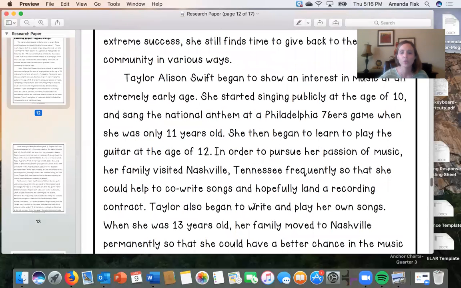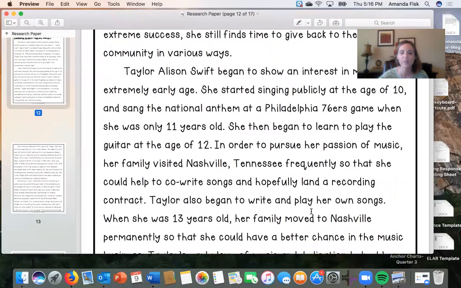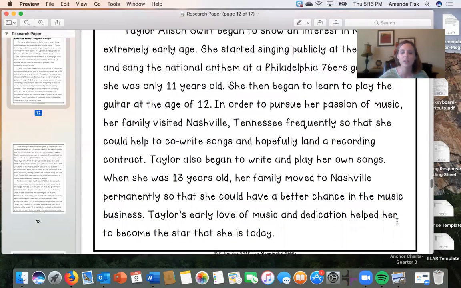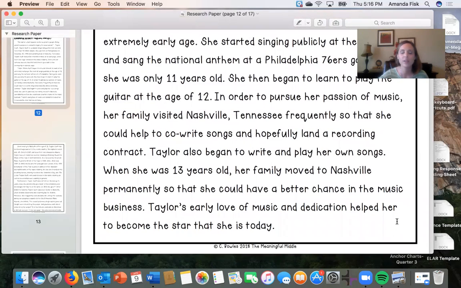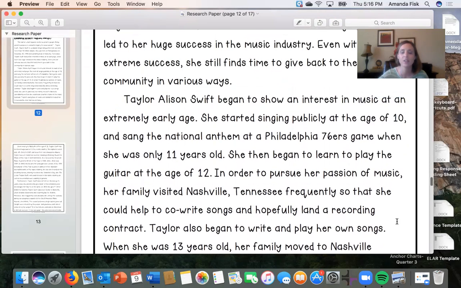In order to pursue her passion of music, her family visited Nashville, Tennessee frequently so that she could help to co-write songs and hopefully land a recording contract. Taylor also began to write and play her own songs. When she was 13 years old, her family moved to Nashville permanently so that she could have a better chance in the music business. Taylor's early love of music and dedication helped her to become the star that she is today.